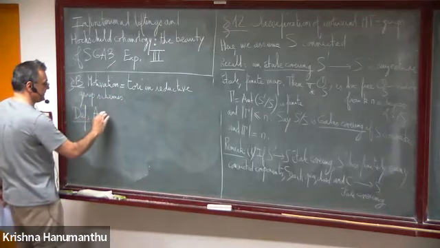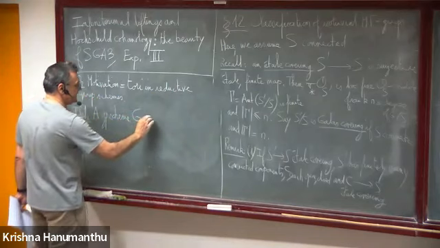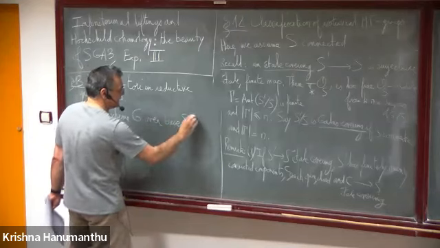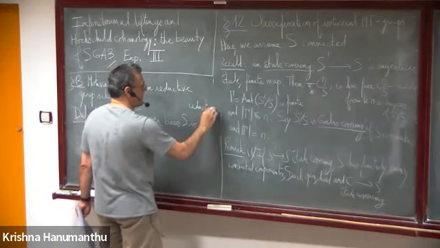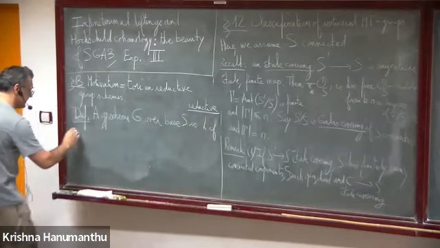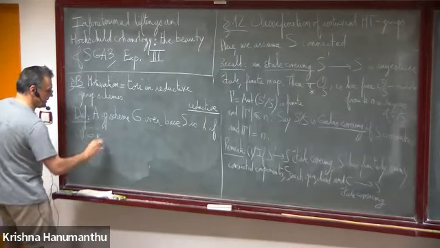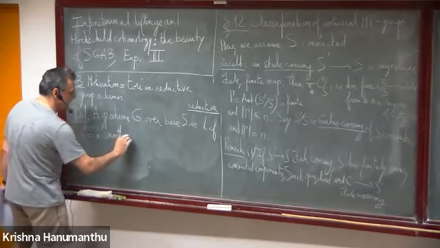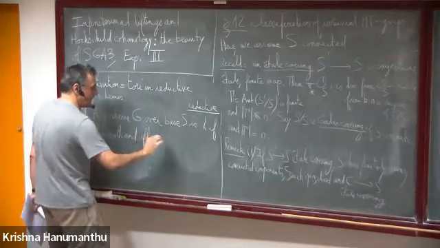A group scheme G over the base S is called reductive if two conditions are satisfied. So firstly, G is smooth and affine over S.